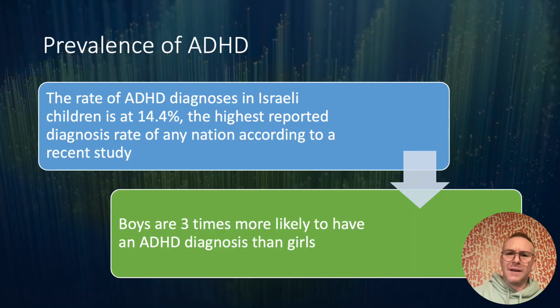So how prevalent is ADHD? Well, interestingly, Israel has the highest number of diagnosis of ADHD than anywhere else in the world. And in Israeli children, the prevalence is at 14.4%.